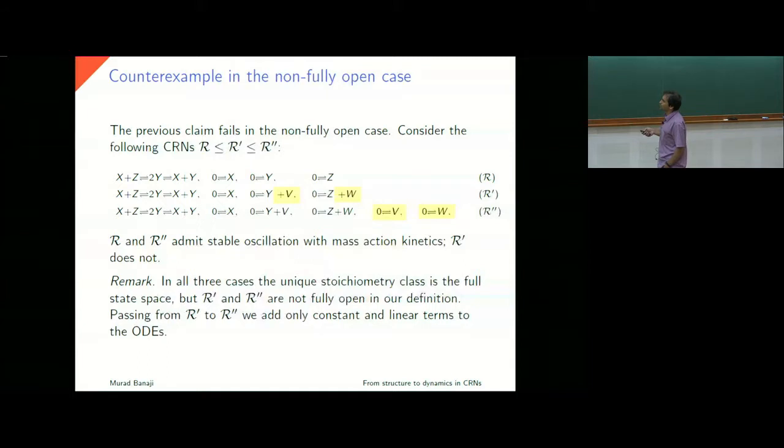In the second one, I added some species into some of the reactions. So instead of Y just degrading and being created, its birth and death process I'm going to make a bit more complicated: it needs to meet a molecule of V in order to die.